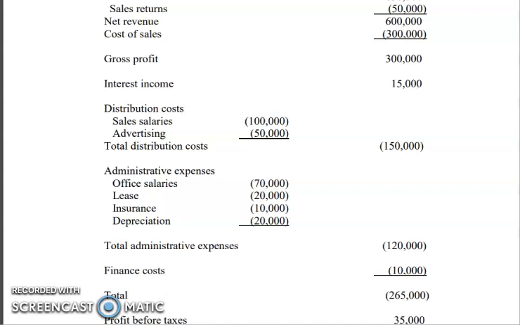And if you were actually working for an organization, you'd be able to look into the detail of what makes up that 20,000 and know what it relates to. Know whether it's an administrative expense or if it's a distribution cost, okay? So as long as you can justify why you put it under something other than administration, I would mark you correct. Okay.